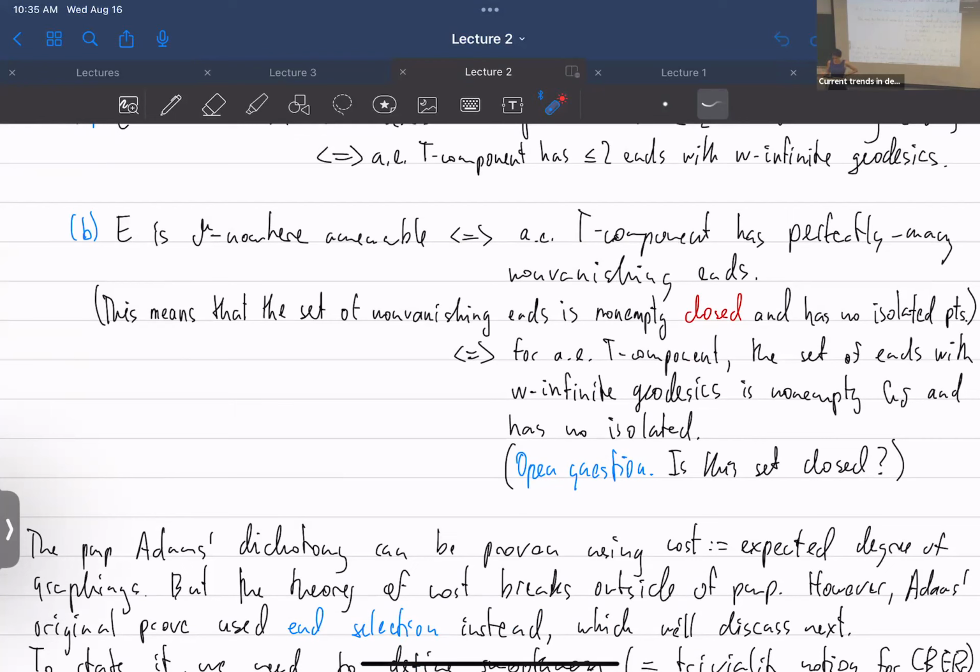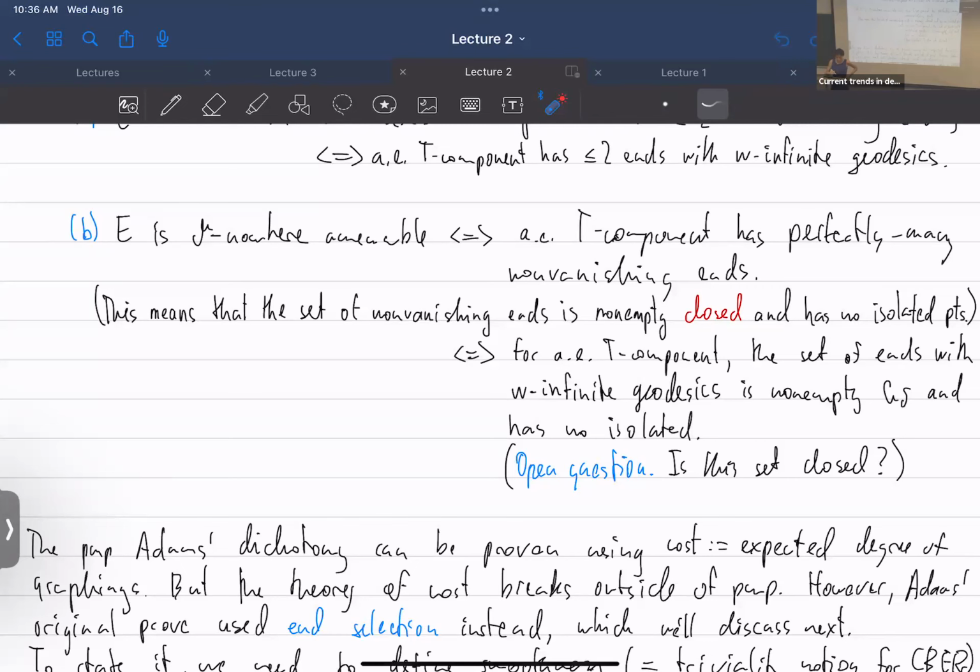It contains a perfect set. Since it's Polish and perfect, it's okay to say there are perfectly many. Saying that something is perfectly many doesn't claim it is a closed set. The claim is it contains a compact perfect set, but this is not compact, maybe.